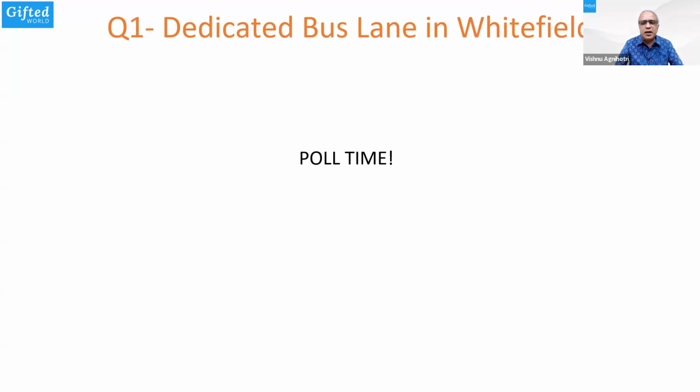Again, the third one: majority of road users who rely on public transport continue to suffer as a small group of car owners resist change. Here, almost 60% have answered it correctly that it favors the dedicated bus corridor group. Okay, that's useful.